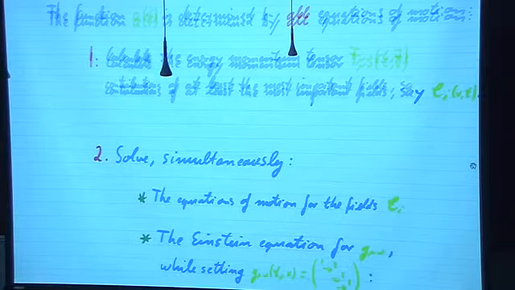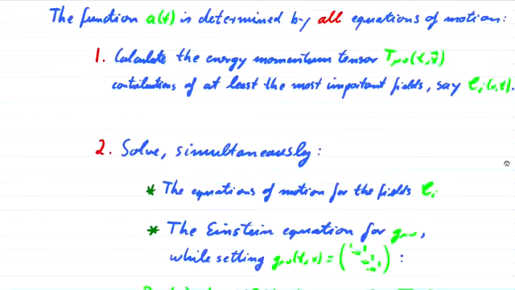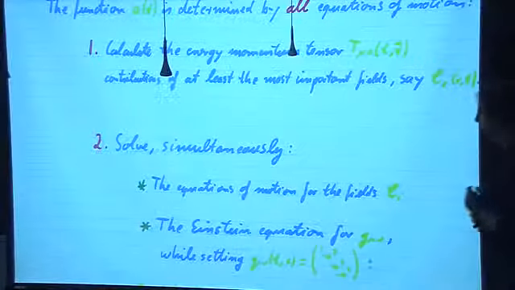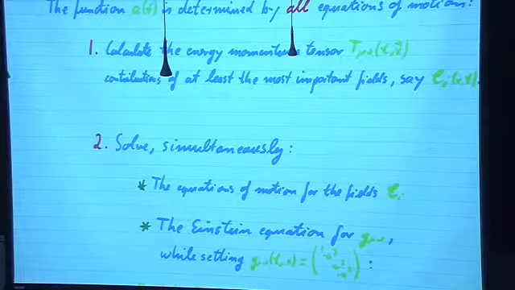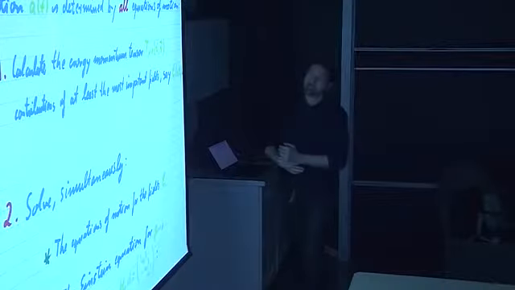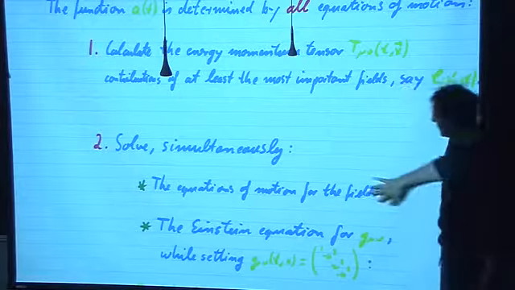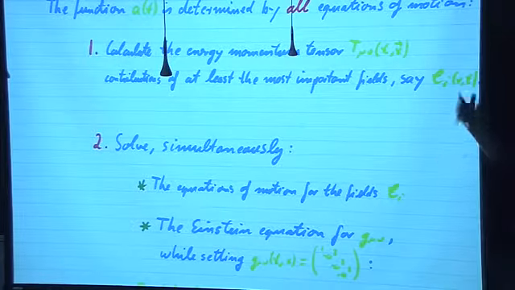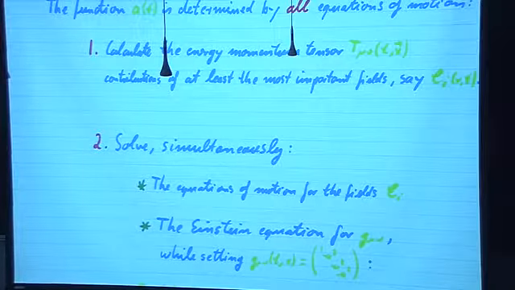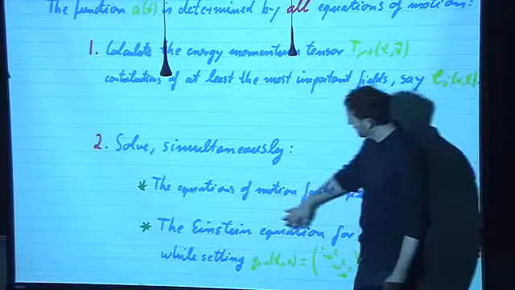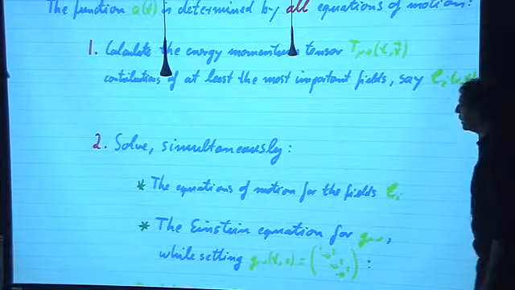Okay, so once we've calculated the energy momentum tensor of the fields that we think are the most important in the context, then we have to solve simultaneously the equations of motion for all the physical fields that are important in the setup that we consider, together with the Einstein equation for the metric.